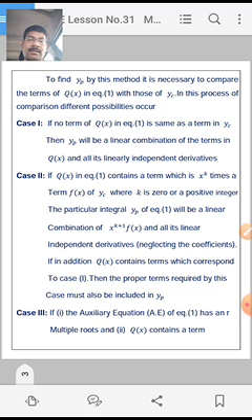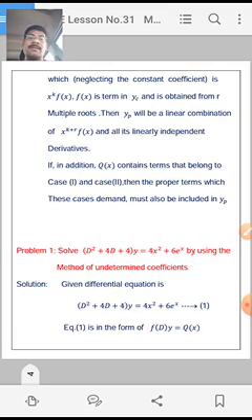If in addition q(x) contains a term corresponding to case 1, then the proper terms required by that case must be included in yp. Case 3: if the auxiliary equation of equation 1 has r multiple roots and q(x) contains a term which is x^k f(x) in yc, obtained from r multiple roots, then yp will be the linear combination of x^(k+r) f(x) and all its linearly independent derivatives.